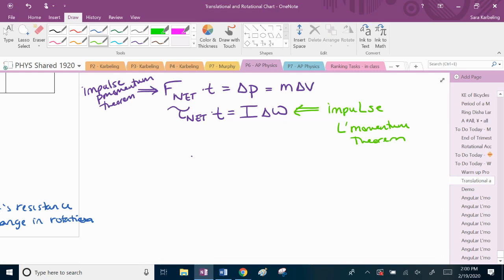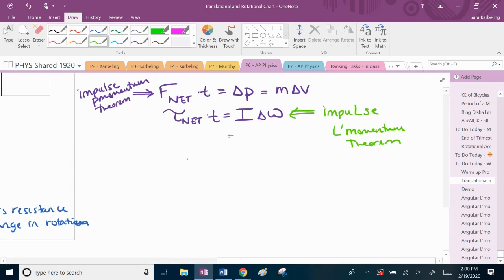No big deal. Given the way I've written this, you may be able to predict what letter we use for angular momentum. What do you think it is? You're right. It is L. Yes.